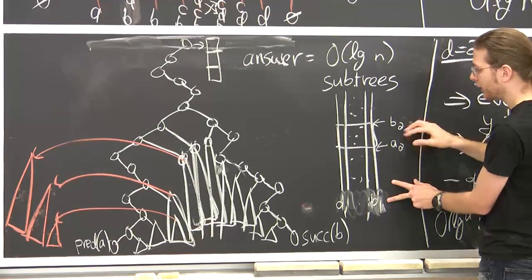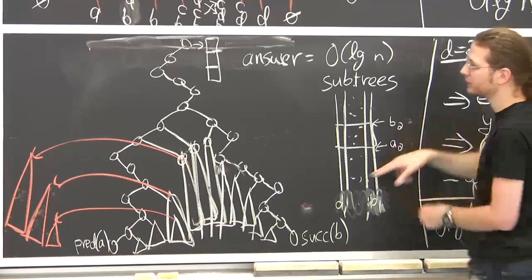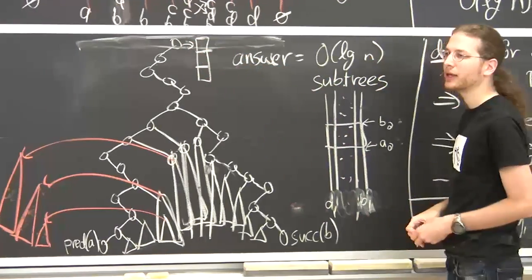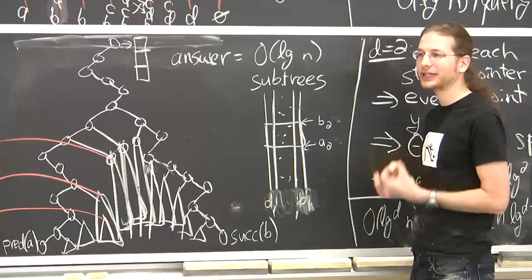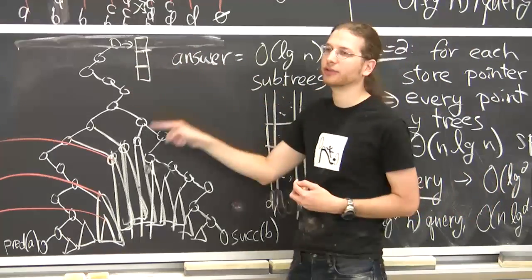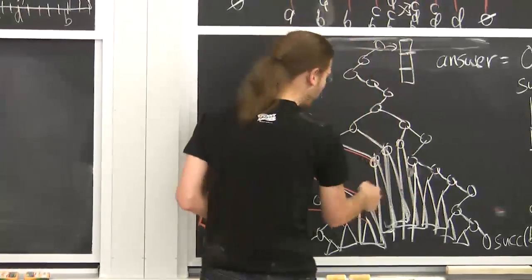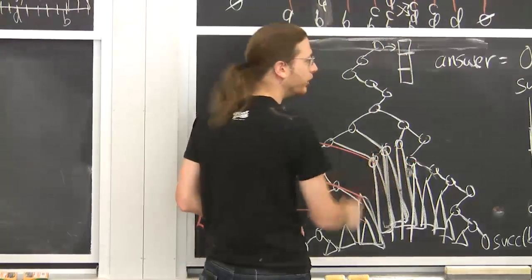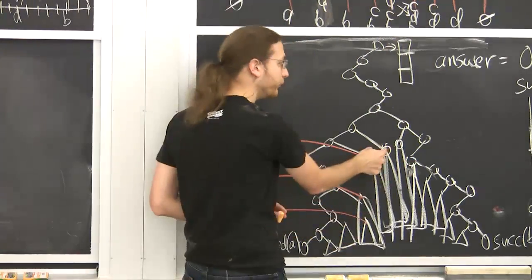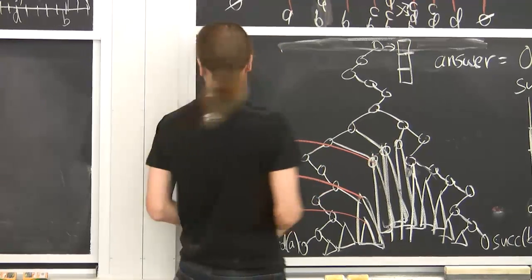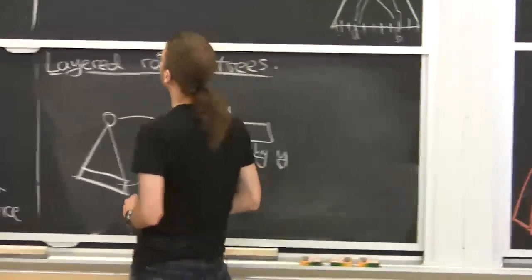It's this rectangle. I'm doing the search for A2 and for B2 in the top array. Now what I'd like to do is keep that information as I walk down the tree, so that in the end, when I get to these nodes, I know where I am in those arrays in Y. So let's think of that step by step.